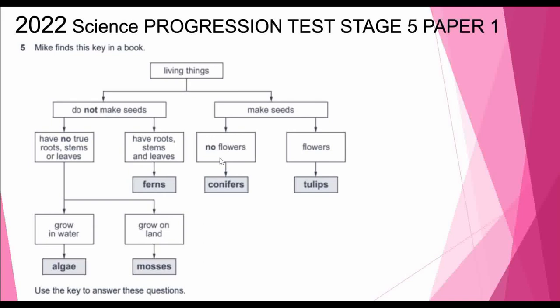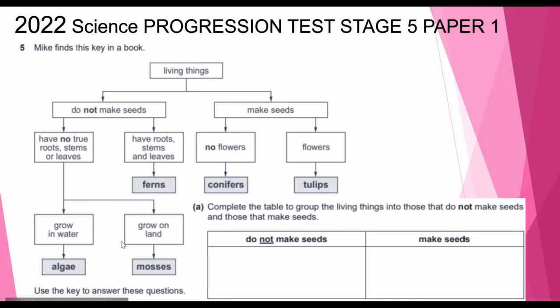Make seeds, no flower, and flower. No flower is conifers, flowers is tulips. So use the key to answer this question. A. Complete the table to group the living things into those that do not make seeds and those that make seeds.